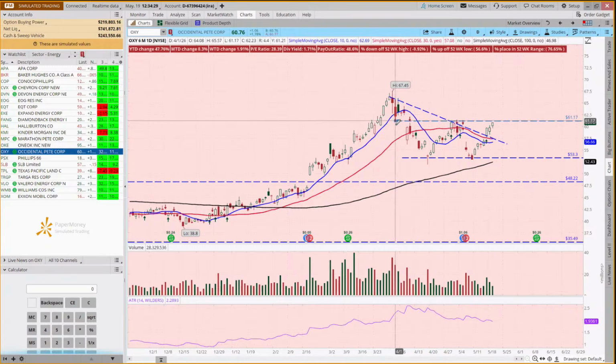Or if you're looking at this and saying, I'm seeing a head and shoulders or a double bottom here, and I'm not seeing it quite broken out, because you're always going to see a diagonal resistance breakout as part of a double bottom pattern, right? So if you wanted to err more on the side of caution, you might say, well, I'm going to wait. And you might say, well, you know what? I'm willing to buy the stock, and if it does pull back, maybe I could sell that covered call.